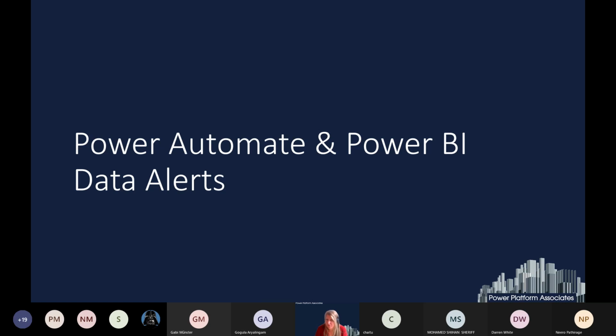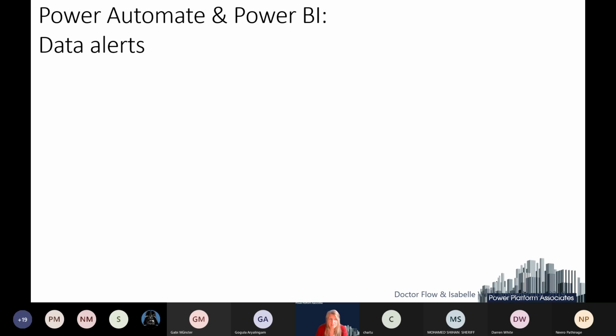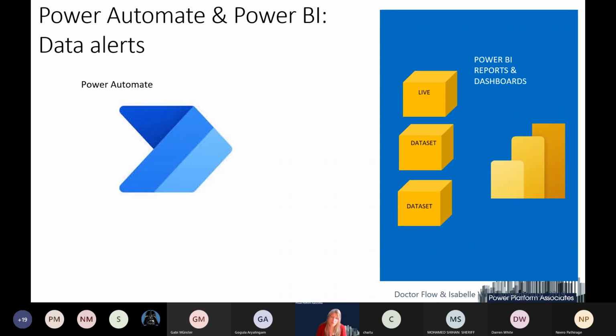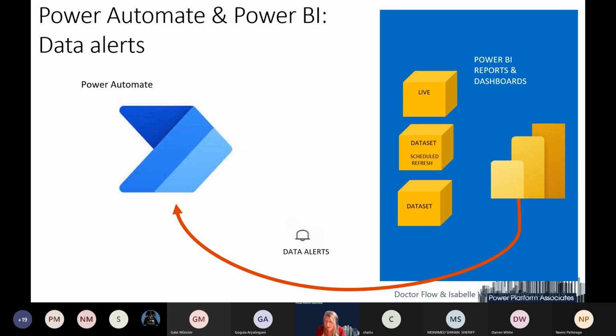Another interesting built-in feature into Power Automate, an action that you will find, is the data alert. So in this case, we will work the other way around, from Power BI to Power Automate. So maybe you are familiar with data alerts. When you are creating a dashboard in Power BI, you can define on the tiles a data alert.